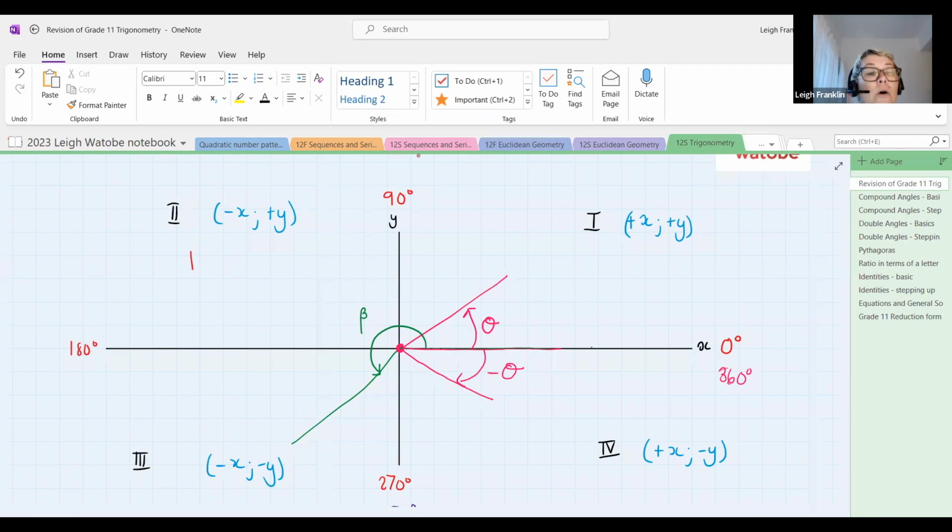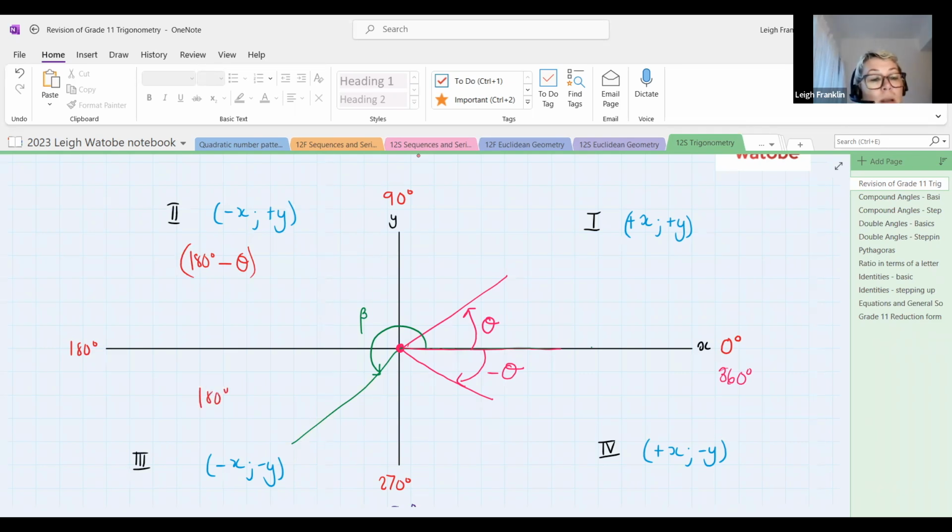If we are in the second quadrant, we would say 180 minus theta. That's because our terminal arm was here at 0. We went 180 degrees in an anti-clockwise direction and then theta degrees in a clockwise direction. So that's how we come to rest in quadrant number 2. That's why we use this as our reduction, as the size of an angle in the second quadrant.